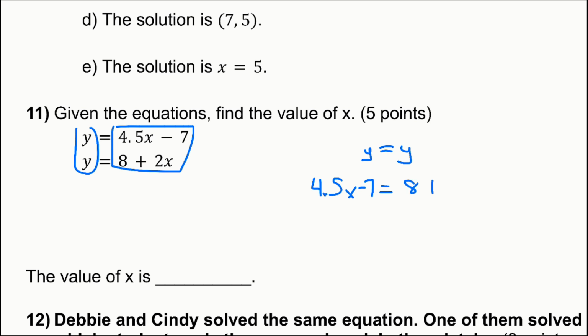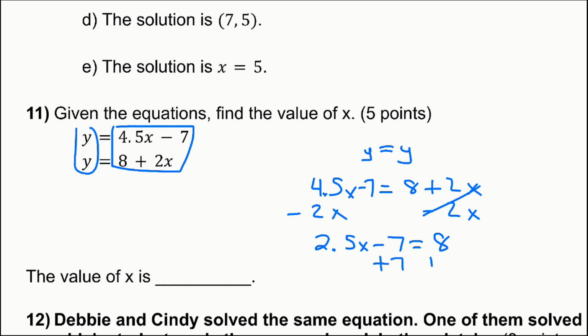So that'd be an 8 plus a 2x. From here, I'm going to subtract 2x. 4.5x minus 2x gives me 2.5x. Minus 7 equals the 8, because those cancel.